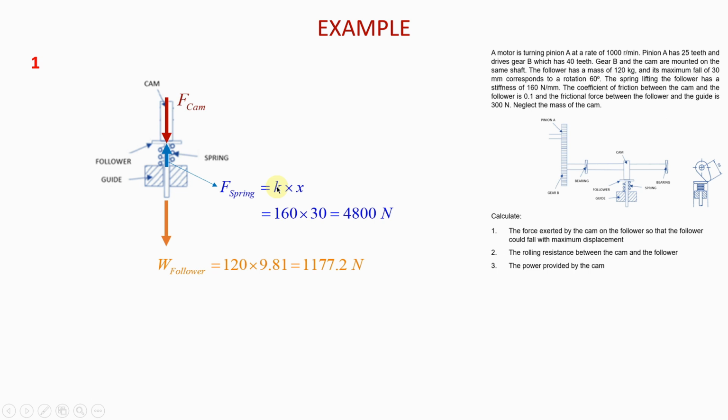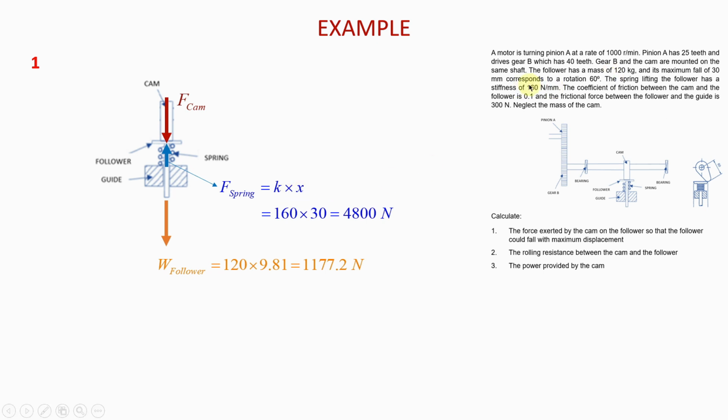And k here is the stiffness of the spring. Now the stiffness of the spring is given in newtons per millimeter. That means, therefore, that the deformation of the spring can be in millimeters, okay? So you can plug in numbers like that, okay? You can use a stiffness in newtons per millimeter with a deformation in millimeters.